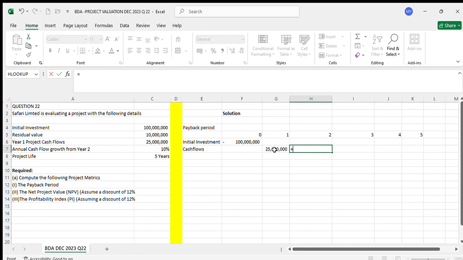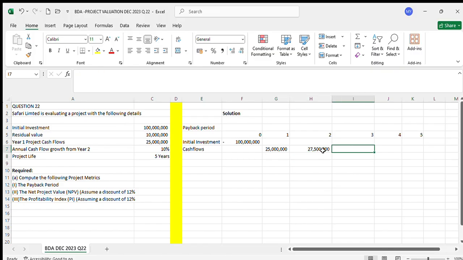So this year 1, you can multiply by 1, let's put a bracket, 1 plus the 10%. Then we lock this cell so that it's a constant. So then we drag the rest.